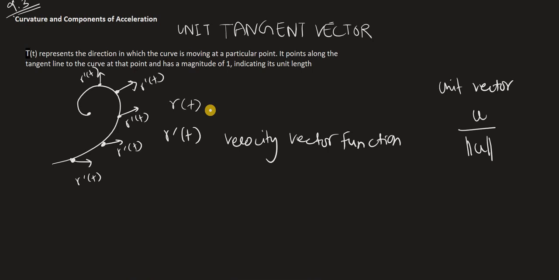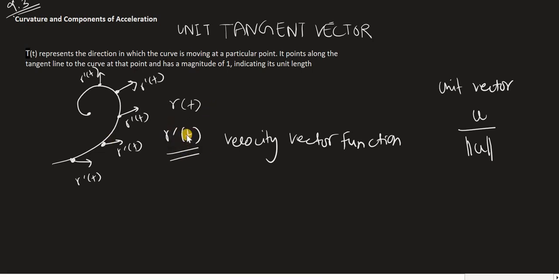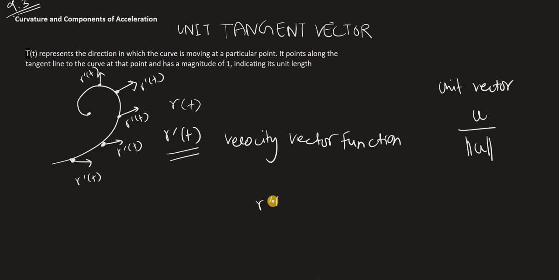We will do the same thing with the tangent vector. We have the tangent vector r prime of t, so we take r prime of t, the vector itself, and divide it by the norm of it.